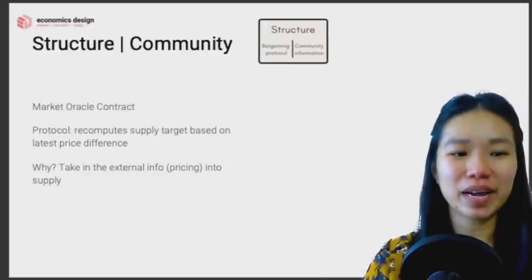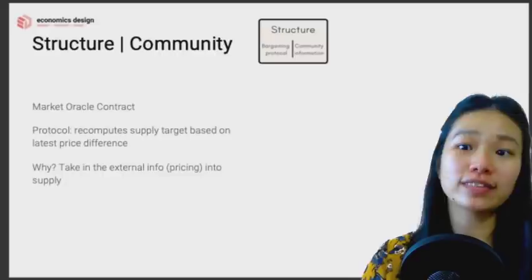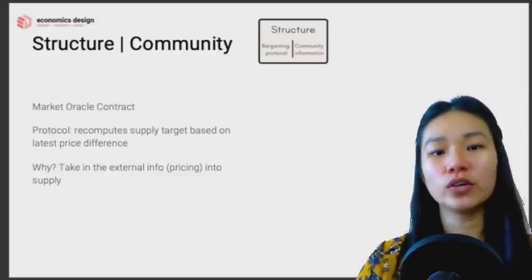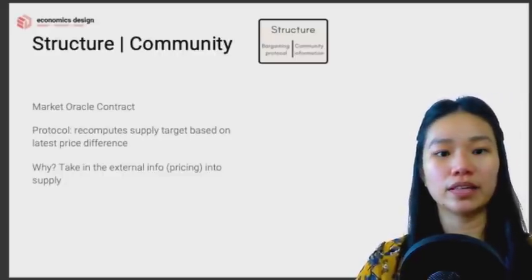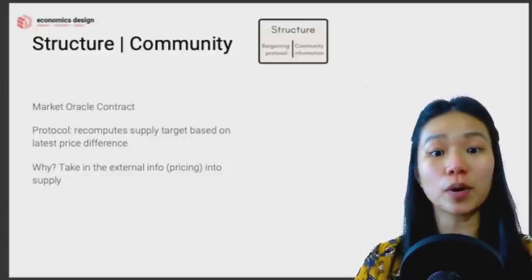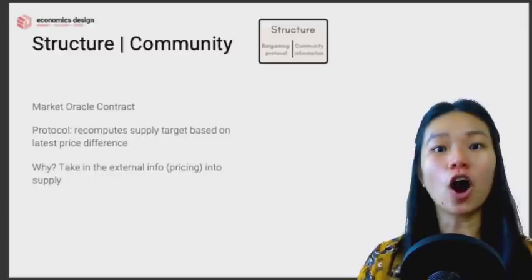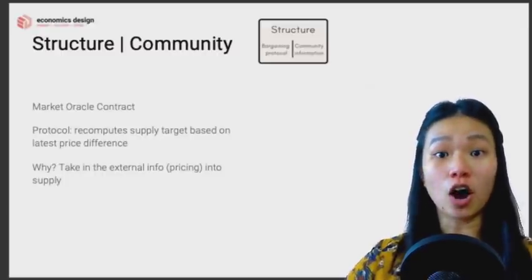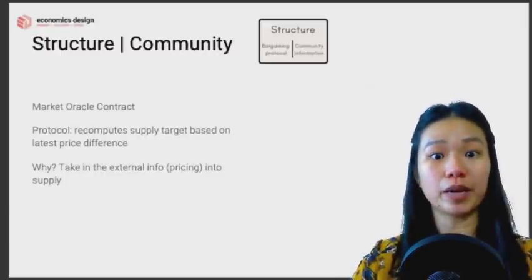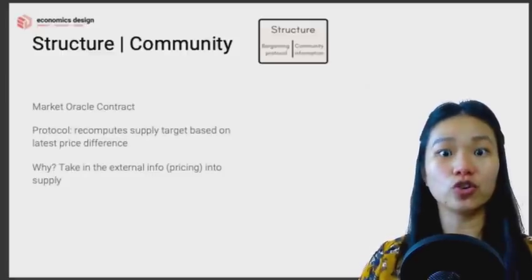And lastly, in mechanism design, we have structure. In structure, we talk about bargaining protocol, which is more about how prices are set internally. We don't have that because this is money. But we do talk about community information. Community information is how you get off-chain, off-network information into your system.